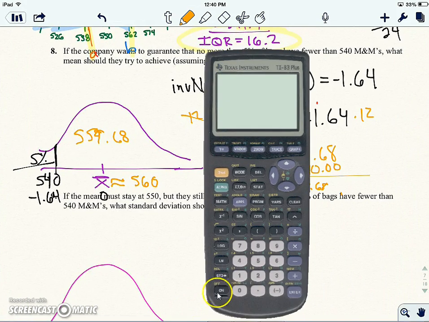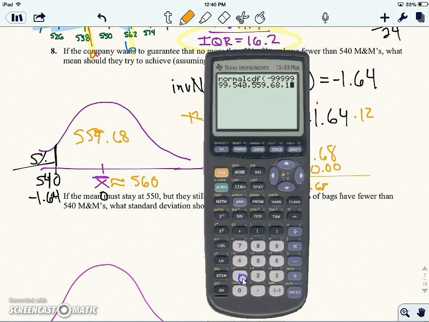So let's go back, clear this out, to our distribution, normal CDF, and we want to see if we're at 540, so from negative infinity up to 540, and if we had a mean of 559.68, okay, again, you could do 560, it'd just be off a little.